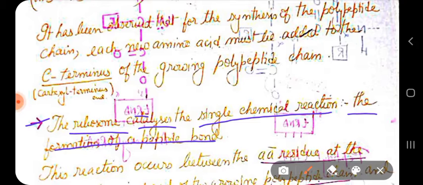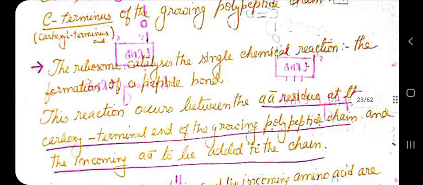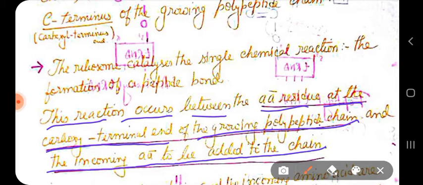This is catalyzed by the large ribosomal subunit, and this reaction occurs between the amino acid residue at the carboxy terminal end of the growing polypeptide chain and the incoming amino acid which has to be added to the chain. So the reaction is catalyzed by the ribosome. It is catalyzing the formation of the peptide bond.